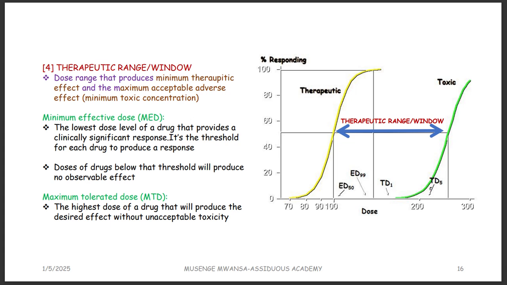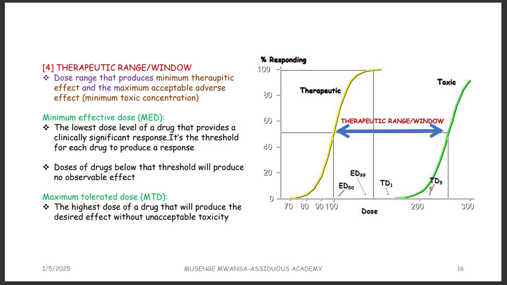So for the adverse or toxic effects, the bad things that come from a drug, we can accept some, and beyond that we don't accept it. Why? Because it can end up killing us. So from the very minimum amount of drug that I can take to feel better, to the very maximum that we can tolerate. Okay, like even when we take it, we're having bad effects, but we can still tolerate them.